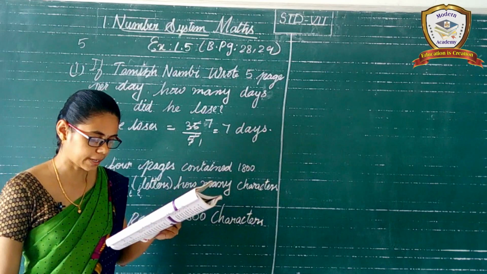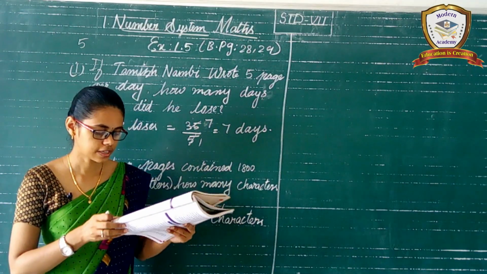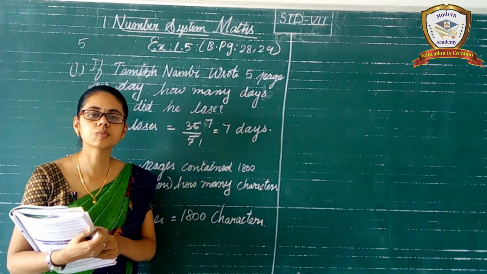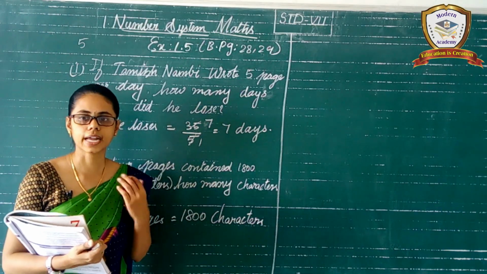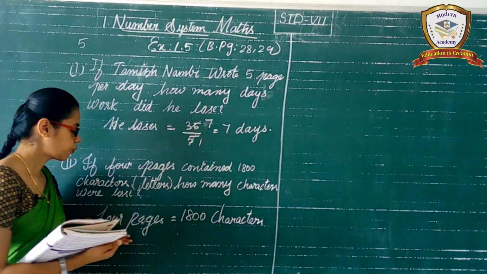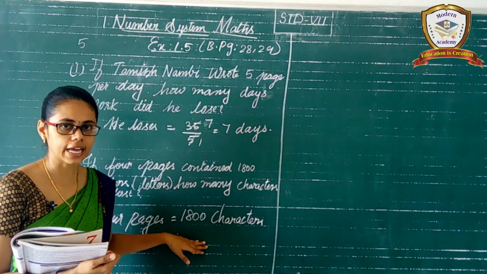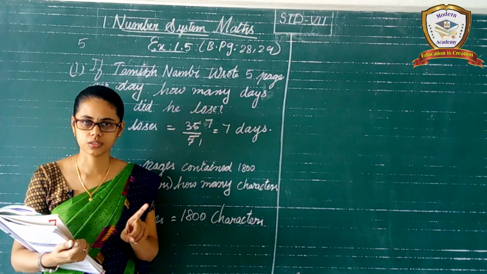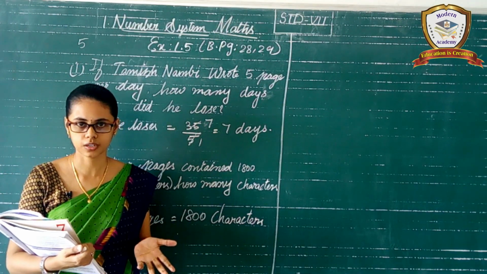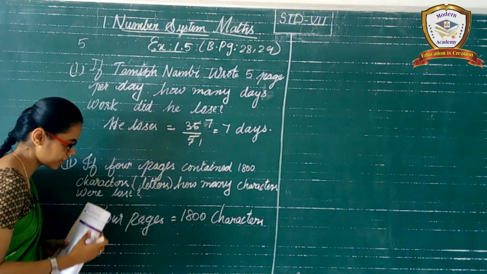Characters means letters. So 4 pages, 1800 characters, means 1 page, how many characters? We have to find. Which means we have to divide.